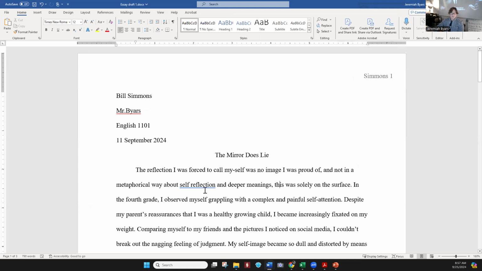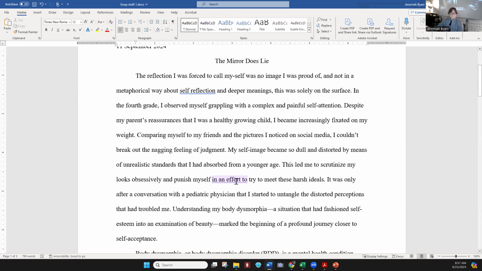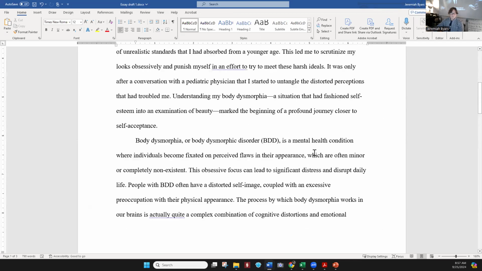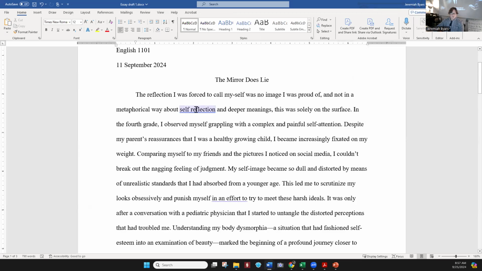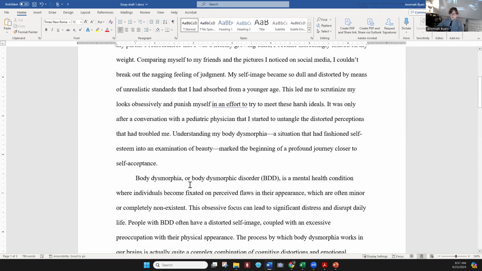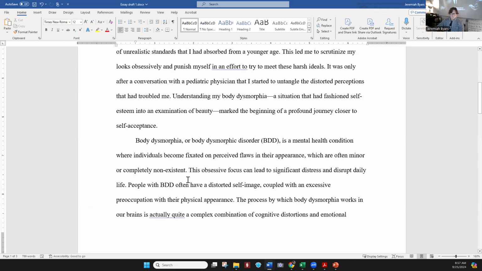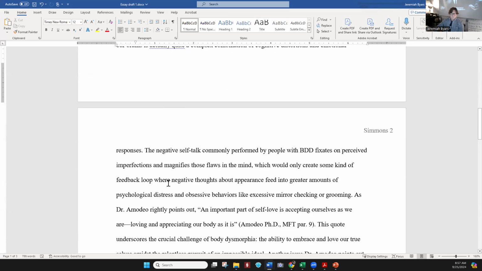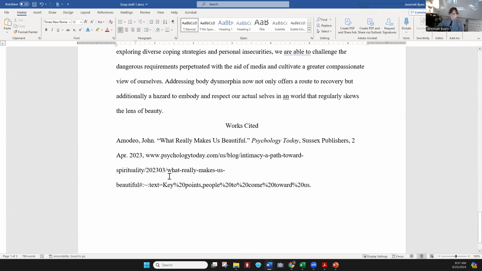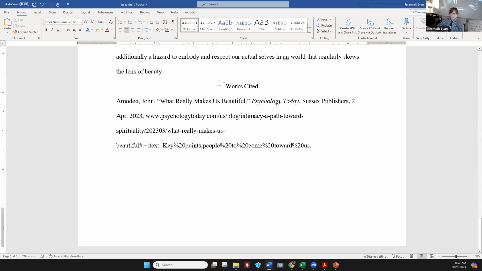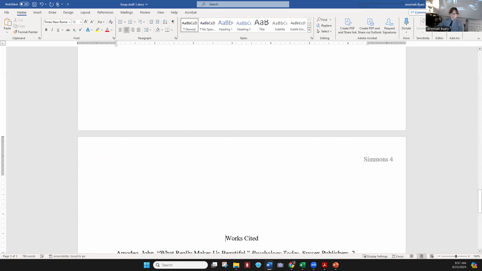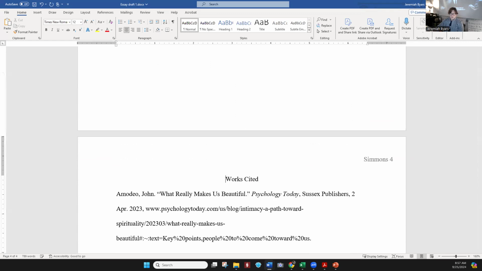Last one, Bill Simmons. Okay. Bill Simmons. If you look at the grammar suggestions, self-reflection, error, okay. MLA formatting, on page. So that's an error.